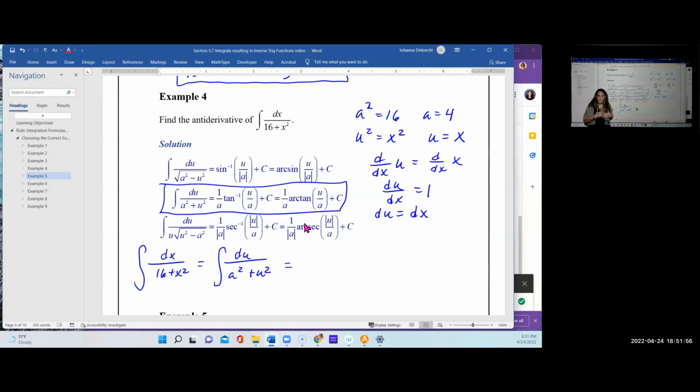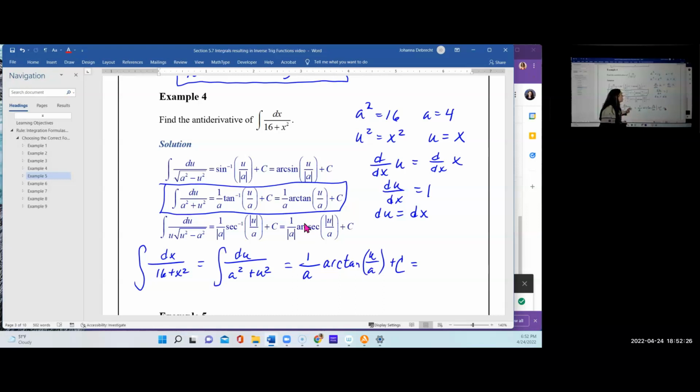I prefer arctangent instead of inverse tangent notation because I don't like the fact that the -1 looks like a power, although it represents the inverse function. So I stick with arctangent. This is going to give me 1 over a, the arctangent of u over a as the argument, plus the integration constant.